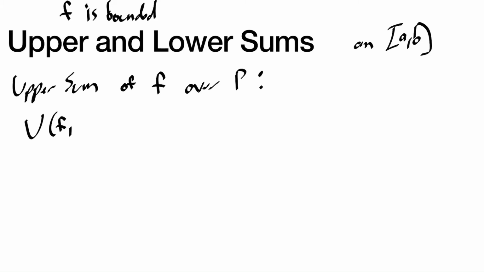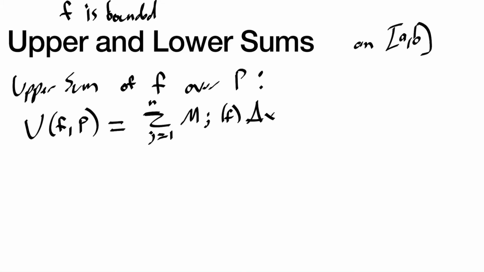Whenever we talk about the upper sum, we're going to use this notation: a U with an f and a capital P. This is telling us that we're taking an upper sum, f is the function, and P is the partition. All we're going to define this to be is the sum from j equals 1 to n of capital Mj of f times delta xj.